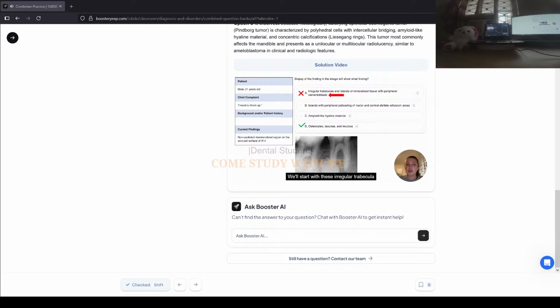We'll start with these irregular trabeculae and islands of mineralized tissue with peripheral cementoblasts. These would be seen in a cementoblastoma.